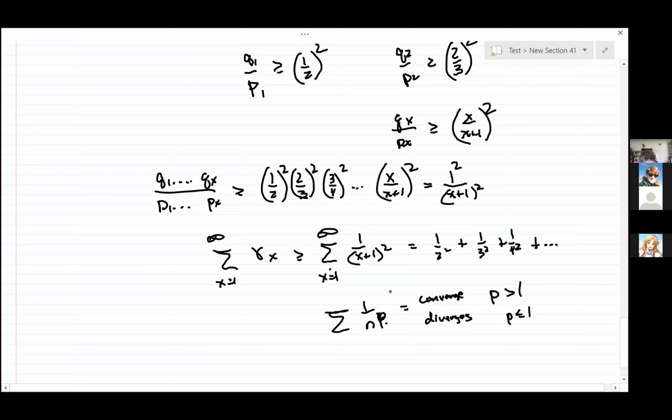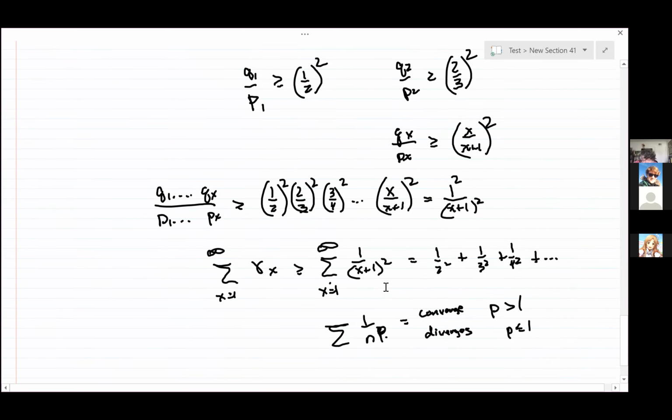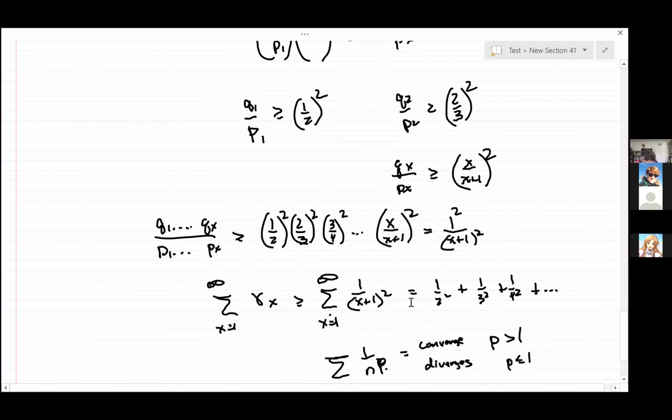When it equals 1, it's the harmonic series. Okay, so this thing converges from calc. If you ask me why, you'd probably do the integral test if you wanted to go further. But anyway, it converges. So this converges.